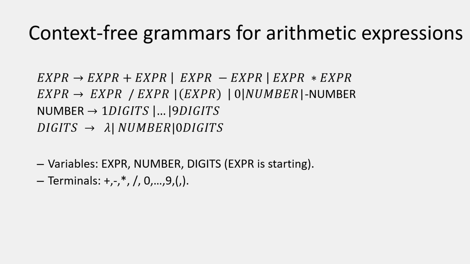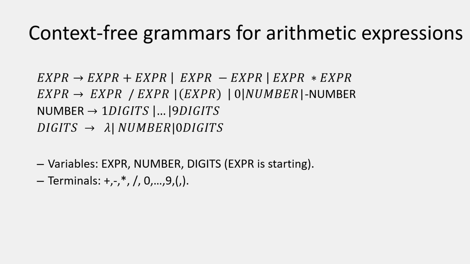And similarly with arithmetic expressions, we could write a grammar that encodes arithmetic expressions. So here you could use the same definition of numbers as before, or essentially the same one, but I call them number and digits, just to indicate that N stands for number and D stands for digits.